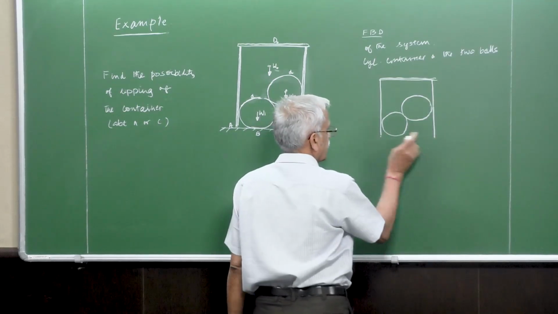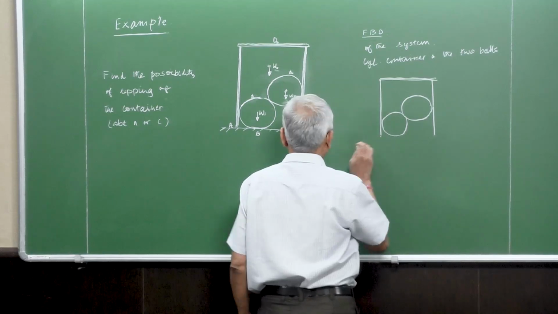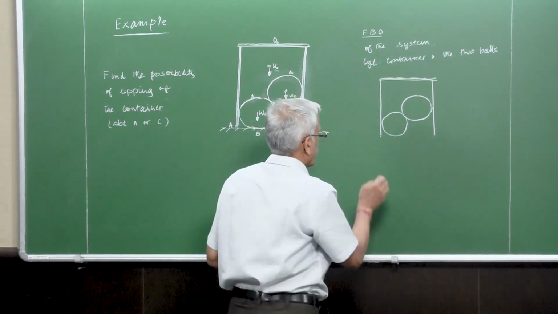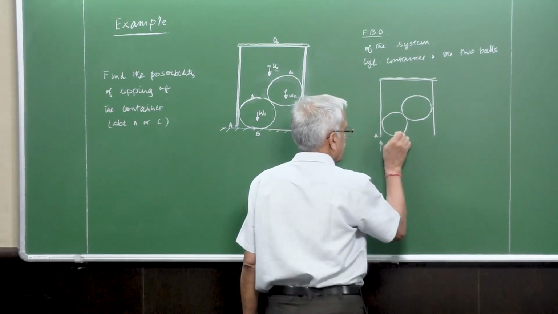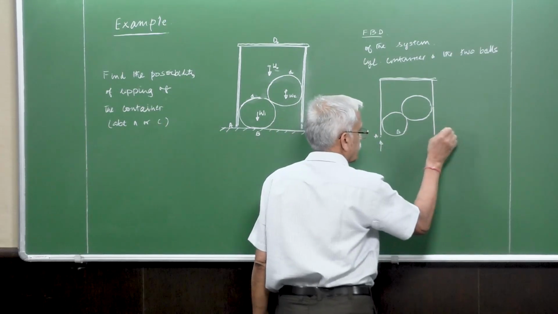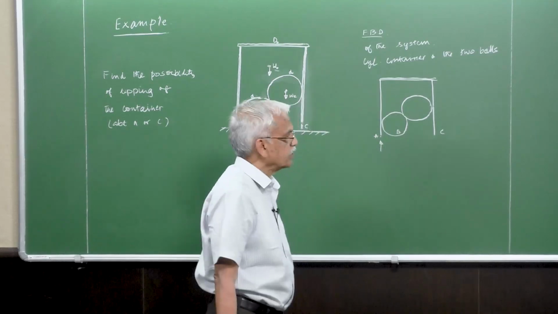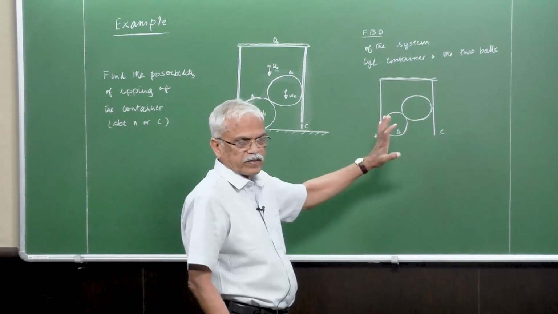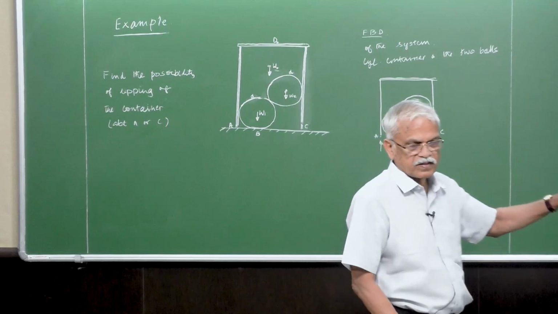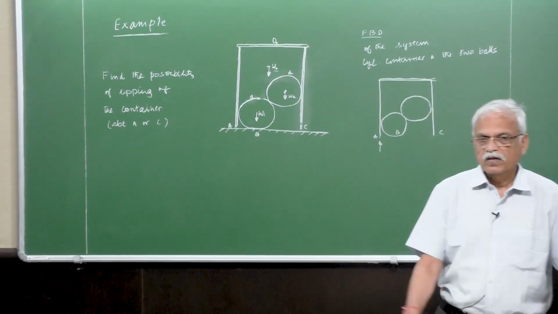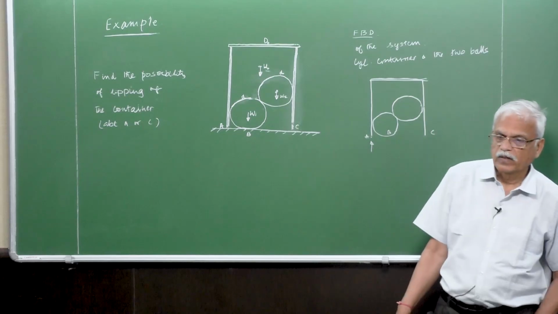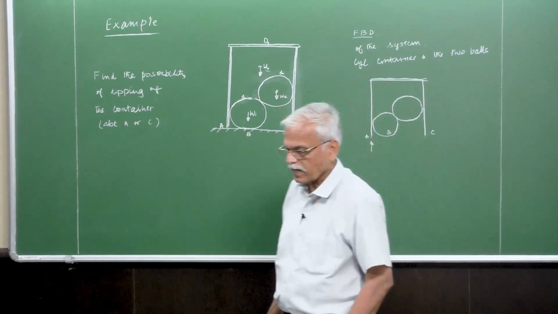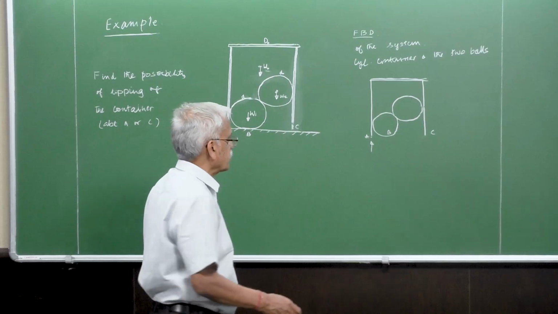So if you are writing the free body diagram of this one, at A and B and C, a free body diagram is nothing but separating that body which is of your interest from its connected bodies, and then showing all the internal forces as external forces on this body.